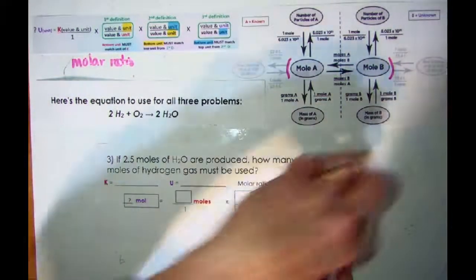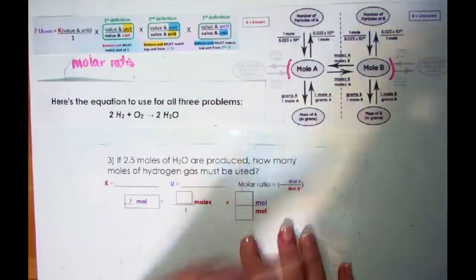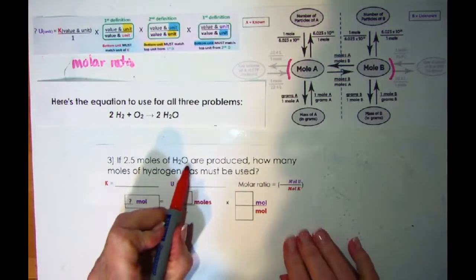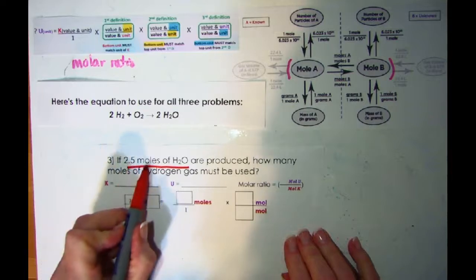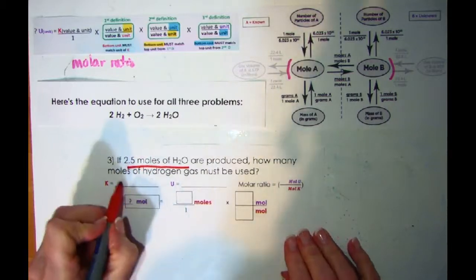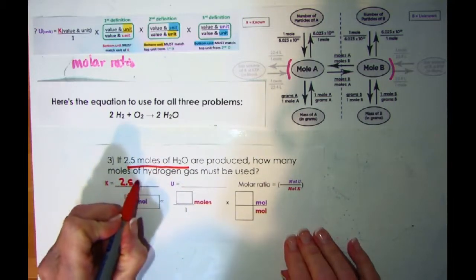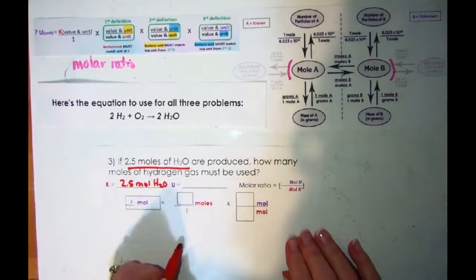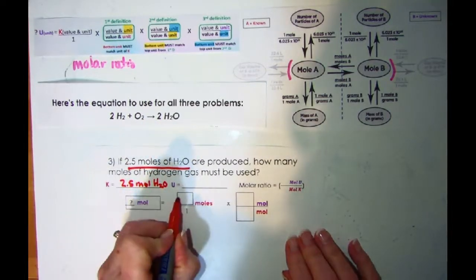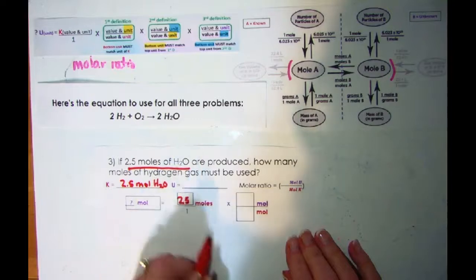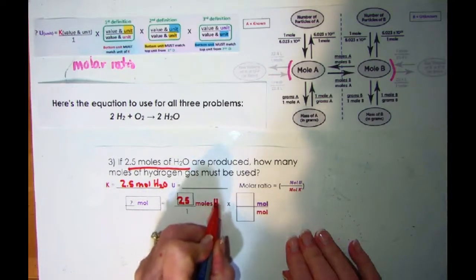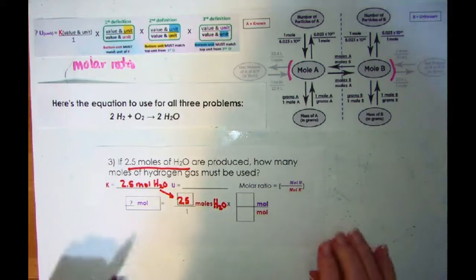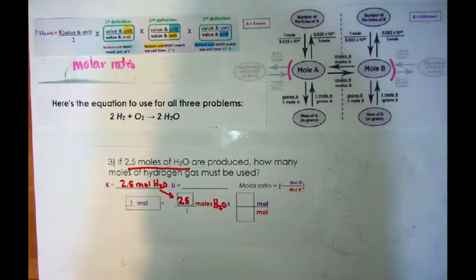So we're starting here. Identify your known, because we're given a number and a unit. This is 2.5 moles of H2O. The known automatically gets put in that first spot.